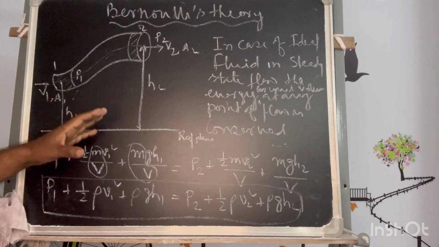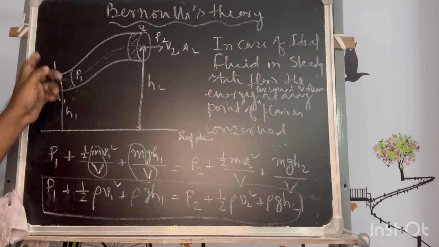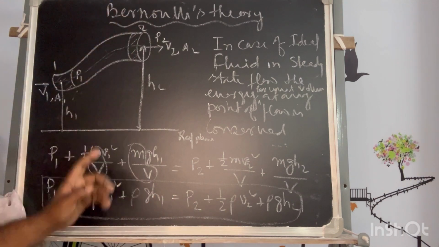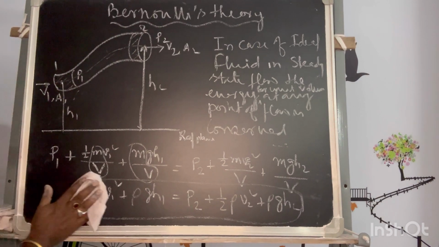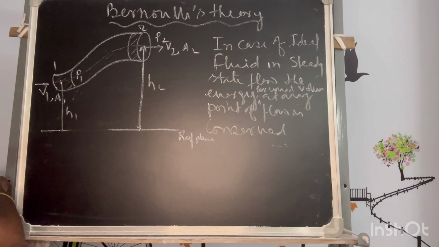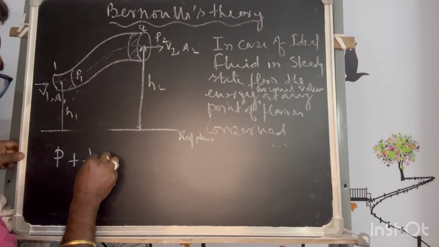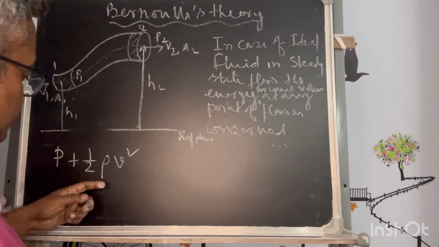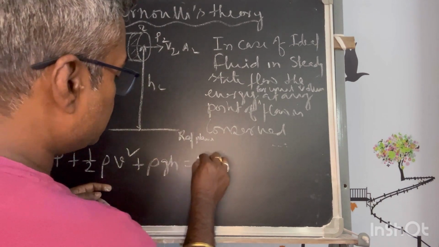So when an ideal fluid is flowing and the energy is conserved at any point of time, if I take points 1 and 2, the energy is conserved. From there we can conclude that, instead of writing all this, the basic equation will be pressure energy plus kinetic energy per unit volume plus potential energy is constant.